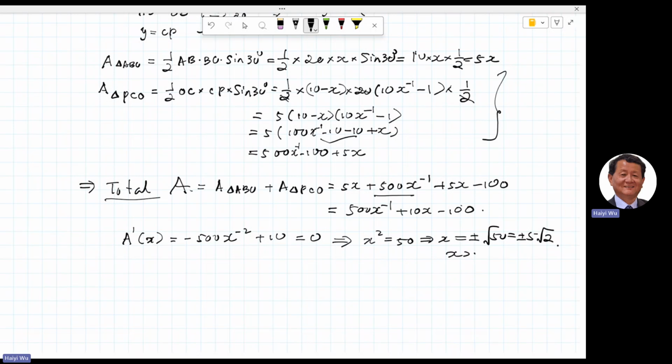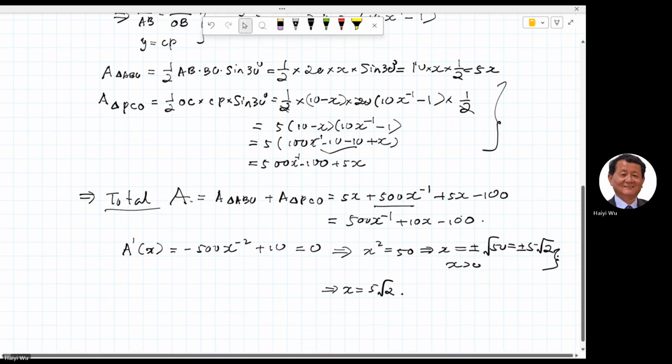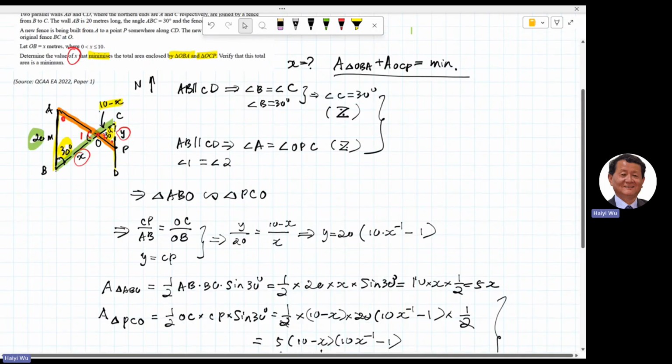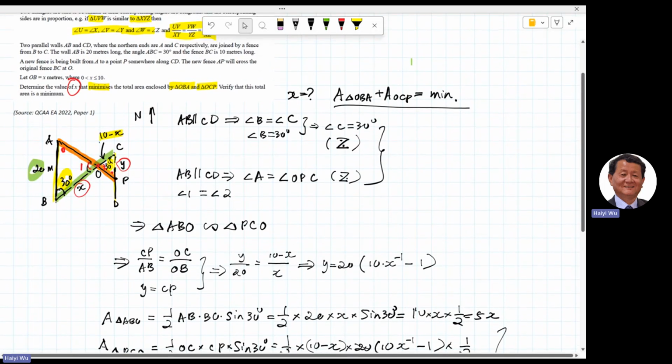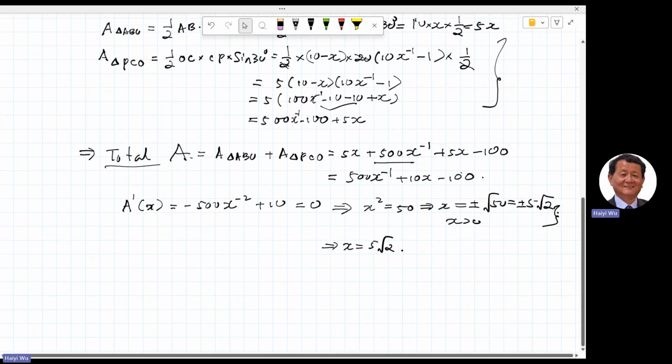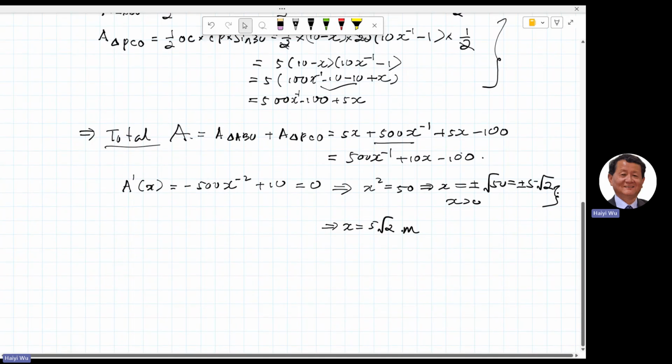However, x must be a positive length. So therefore, we choose only the positive x. Now, what's the unit? We're using the meter. So let's put meters. But we don't know whether it's a minimum or not. So we need to test with the double derivative.